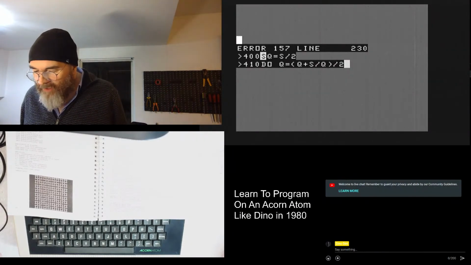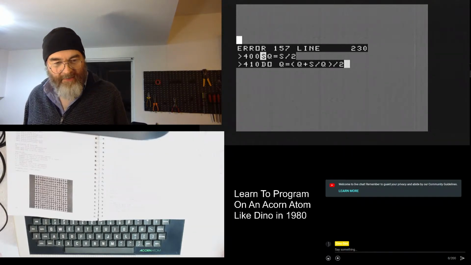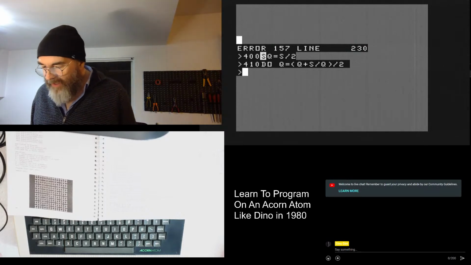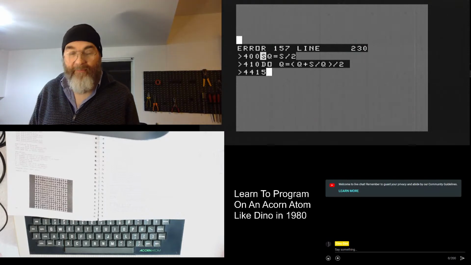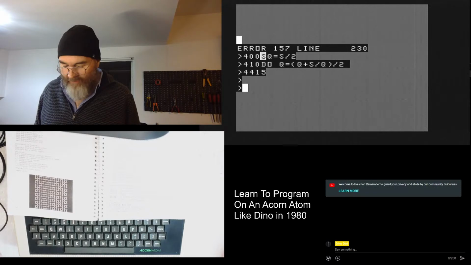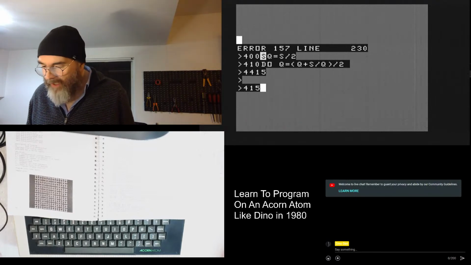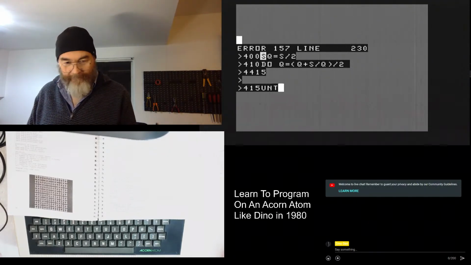So that's Q equal Q plus S divided by Q, divided by 2. Okay, and now we need 415. Again, 415. And that's going to be until.